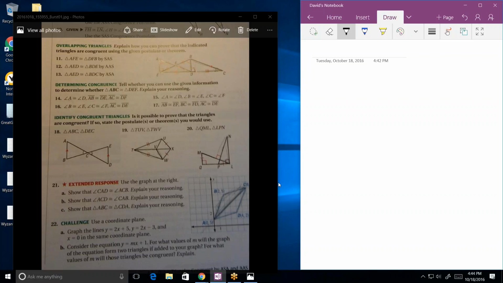Correct. They've drawn it so that they're congruent, but all we really know is angle, angle, angle. In other words, because that's parallel to that, we know that E is the same as B and A is the same as D, and those two vertical angles are the same, but that is just angle, angle, angle. There's nothing that tells us any sides are the same.